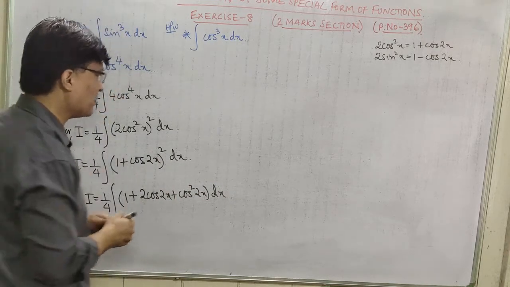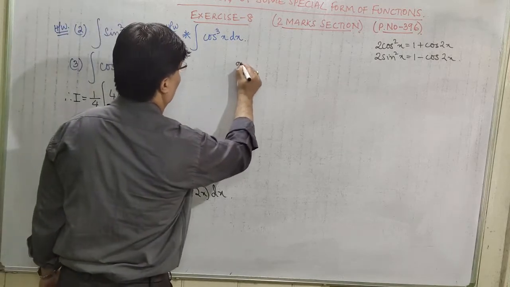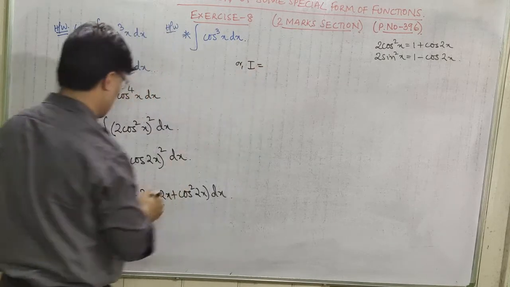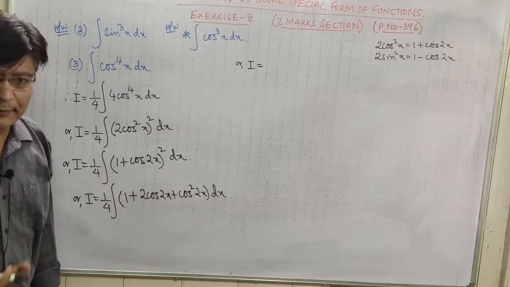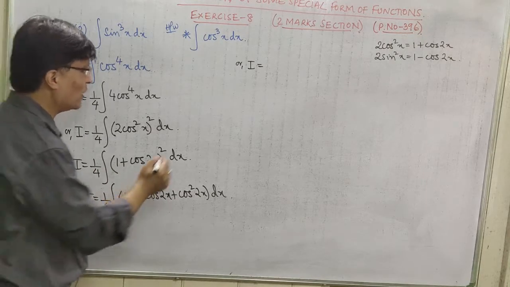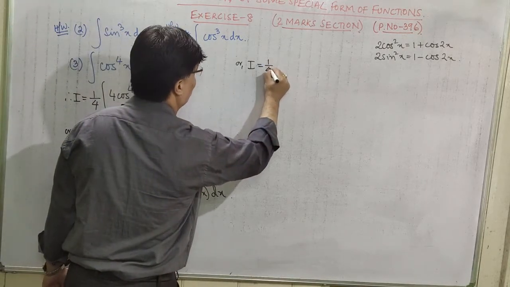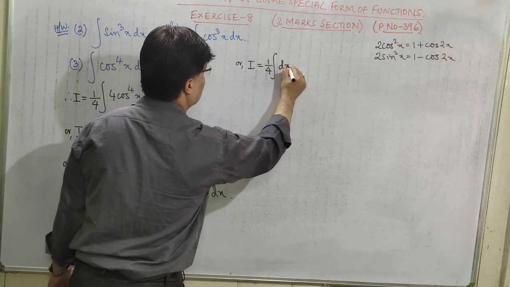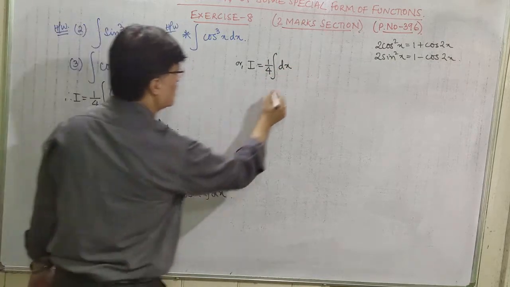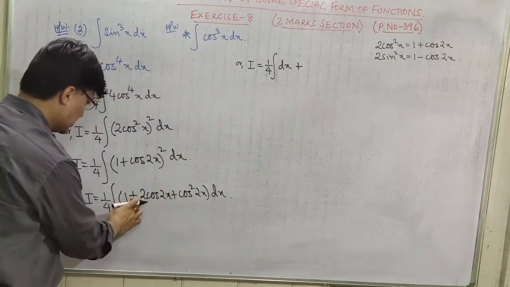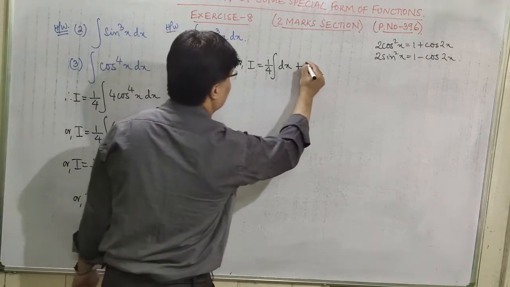Now let us multiply and separate the terms. So what is the first term? This is 1/4 integral of dx, right? Plus, 2 1s are 2, 2 2s are 4, you can cancel it.